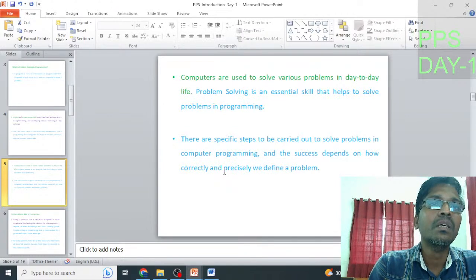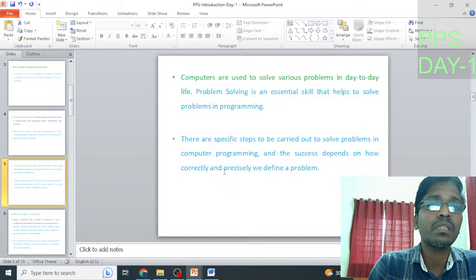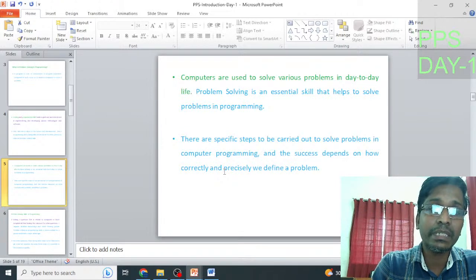For example, if you want to write a research paper, you need to know some steps, then only your research paper will be more valuable. Otherwise something may go wrong. That's why you need to follow some steps for solving any problem, especially in computer programming.